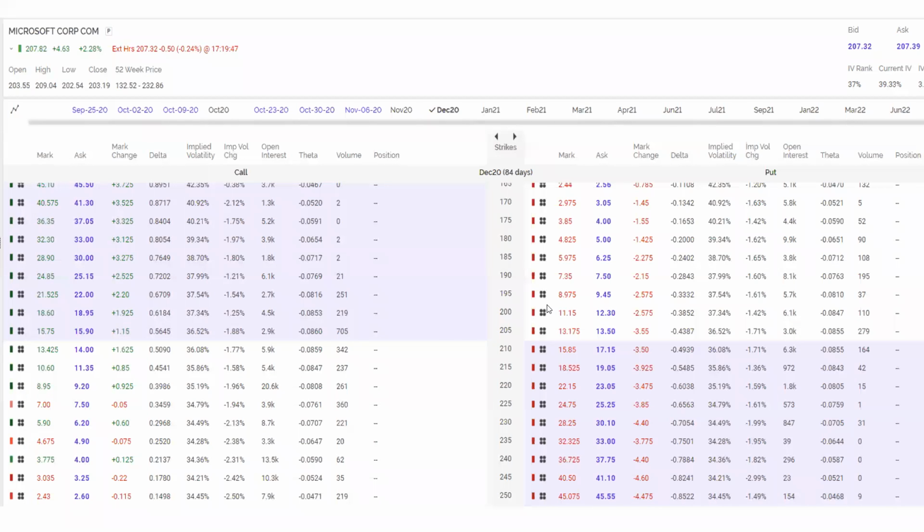Regarding that contract thing, suppose somebody bought a 190 put. Now the stock goes down to 180, right? When you buy the stock you are in the positive, that is the long side.